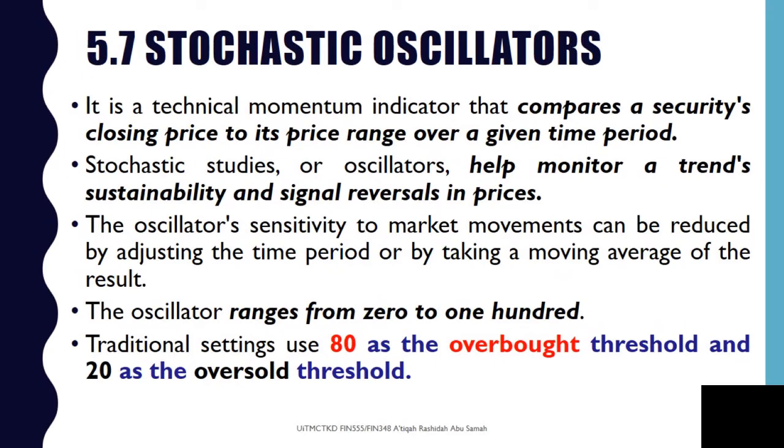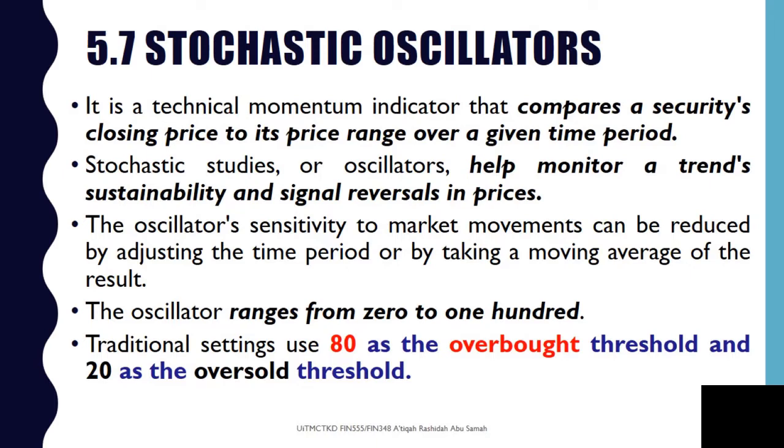Okay, what is the stochastic oscillator? It is a technical momentum indicator that compares a security's closing price to its price range over a given time period. So stochastic studies help monitor a trend's sustainability and signal reversals in prices.